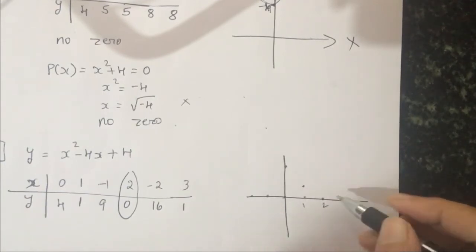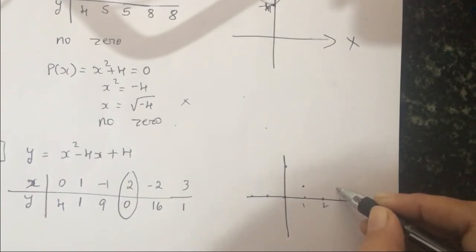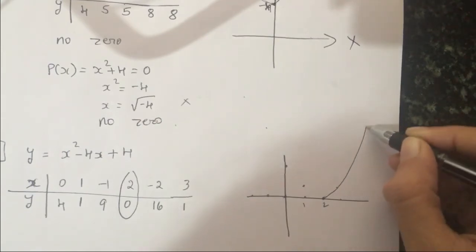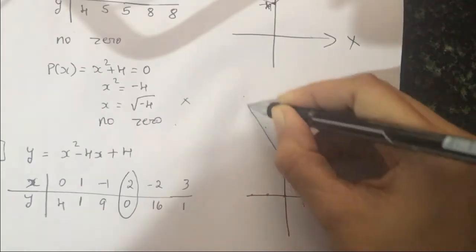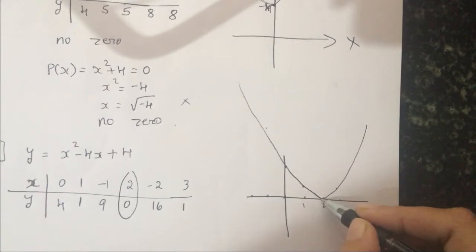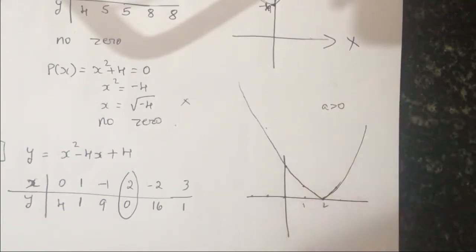So we'll join the points, and it goes something like this. Upward parabola again, because a is greater than 0.